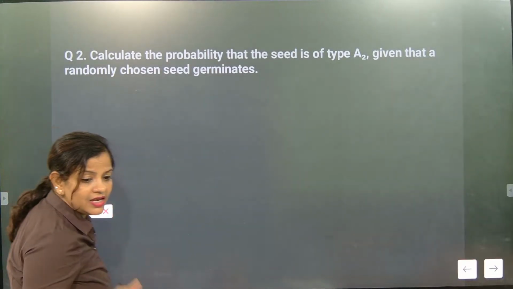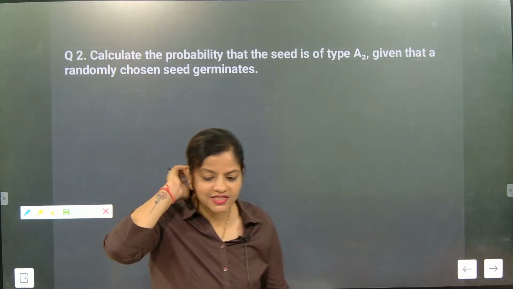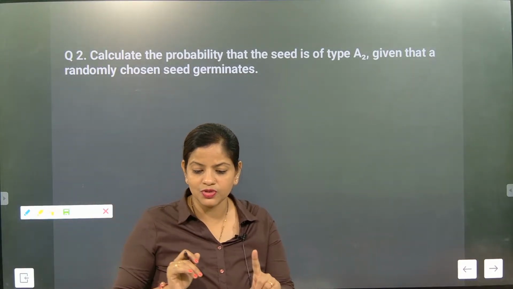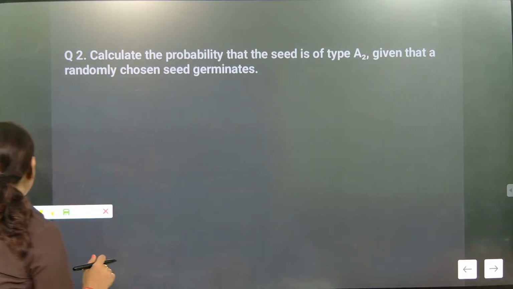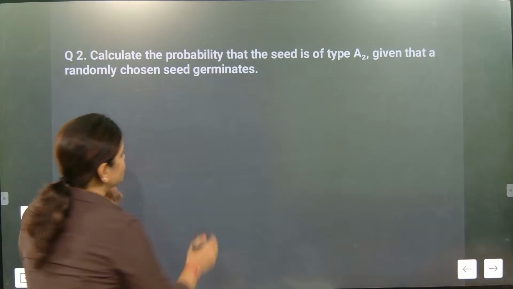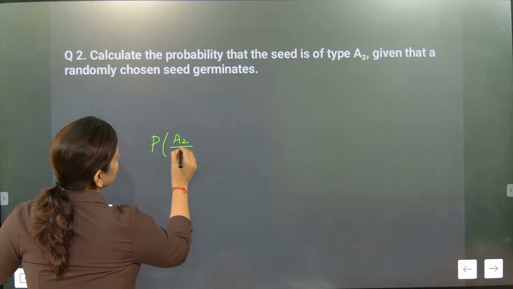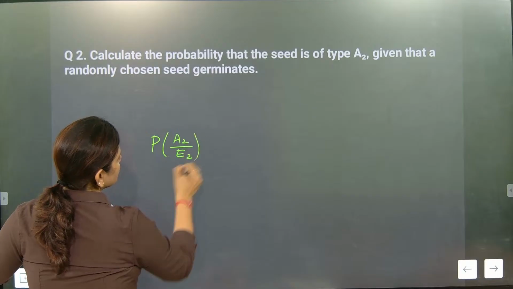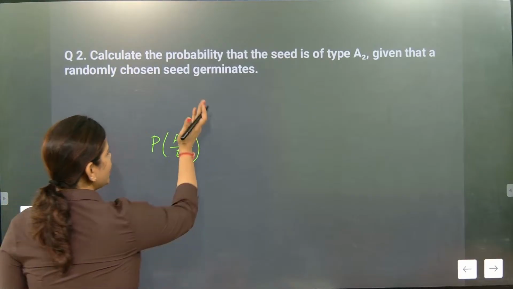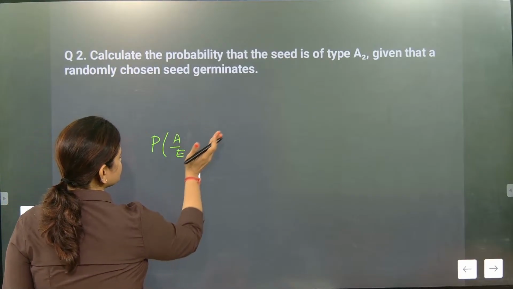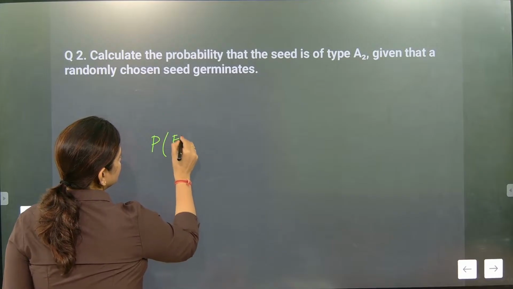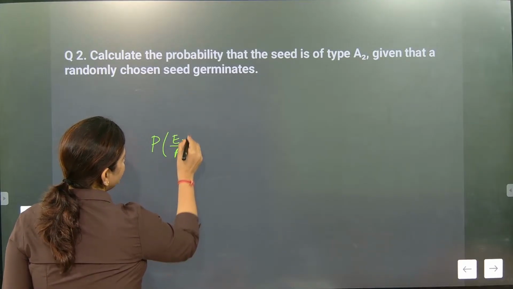Because there are only 3 types, from those 3 types you have to choose 1 type. So you have to choose A2 out of E2. From the second case, A will be there.